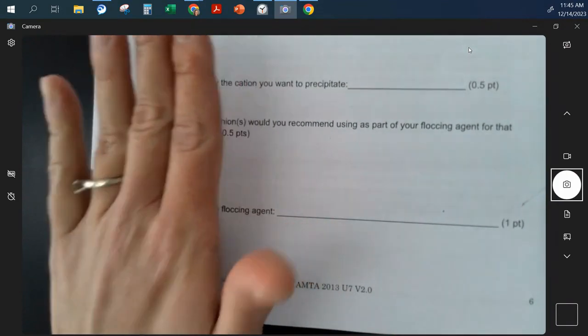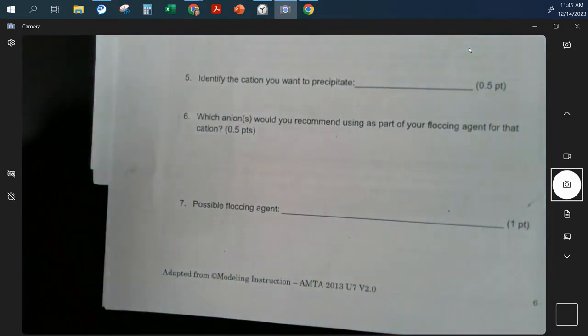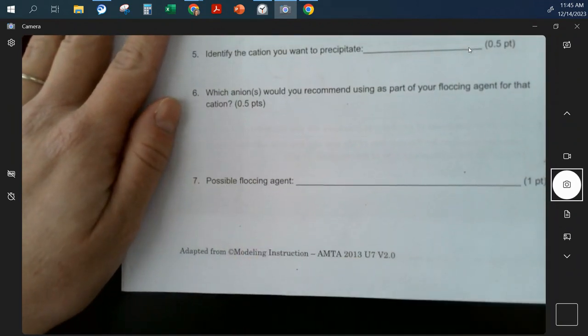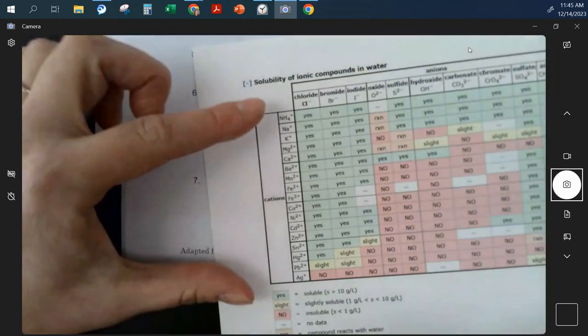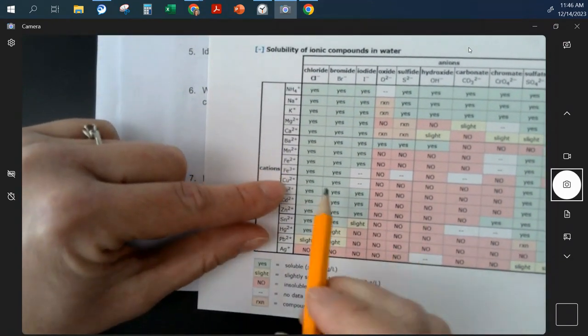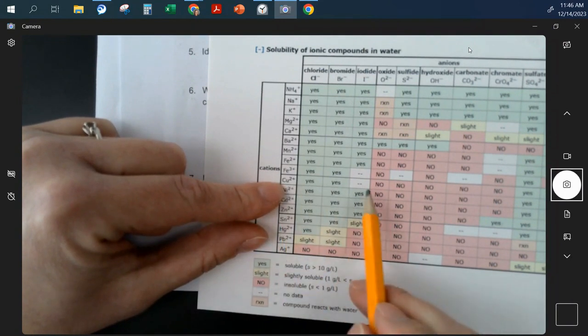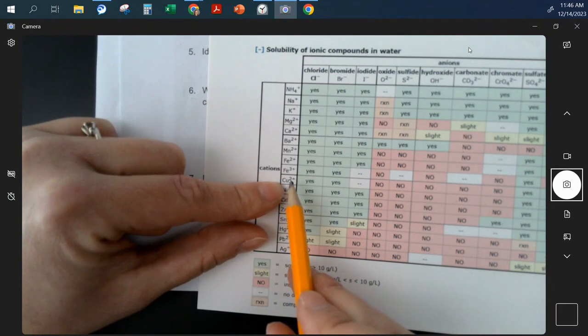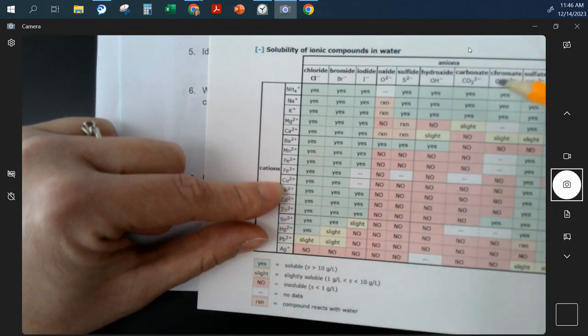So you don't have to pick barium. You're picking something that precipitates your ion. Maybe something else was in your water, maybe copper was in your water. So pick something that precipitates the ion, and then pick something else that will dissolve.